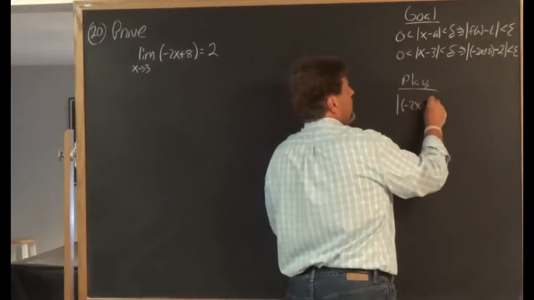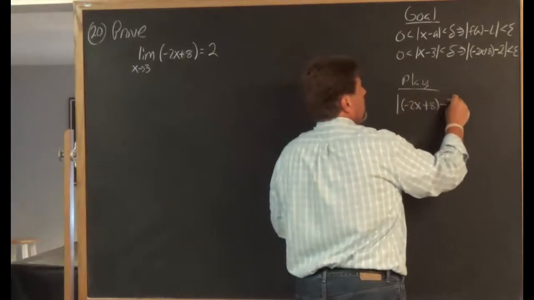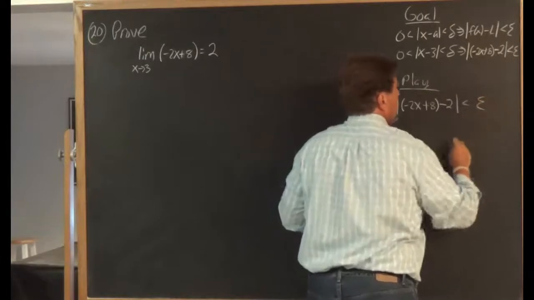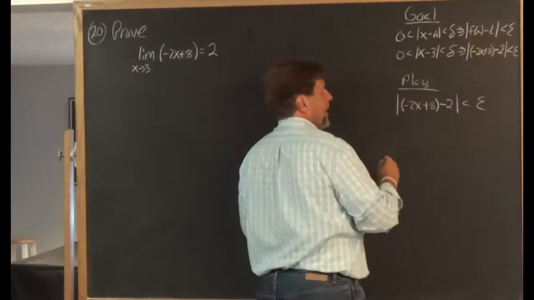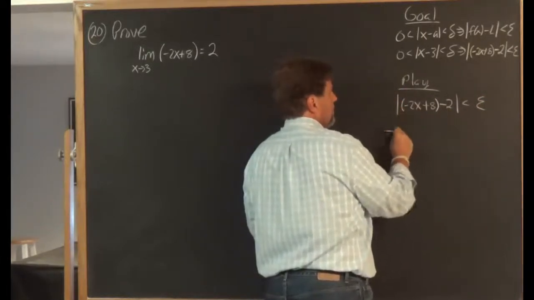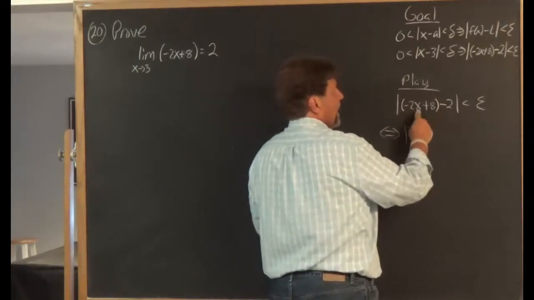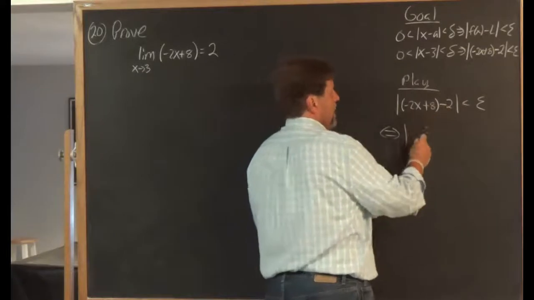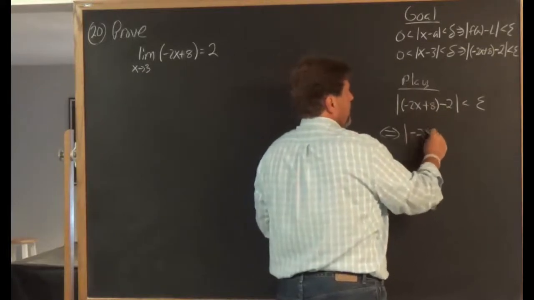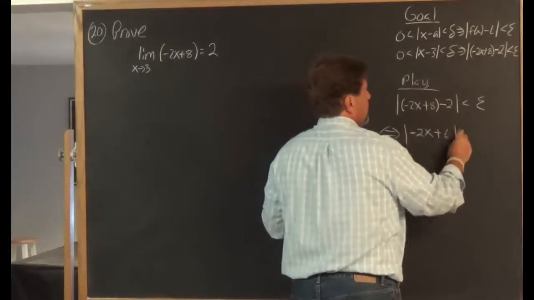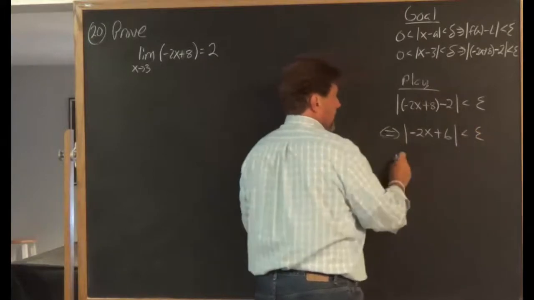So remember, your playing around starts with this step. The absolute value of negative 2x plus 8, minus 2, less than epsilon. This is the exact same thing as, if I get rid of parentheses and combine like terms, I have negative 2x plus 6 inside absolute values, less than epsilon.